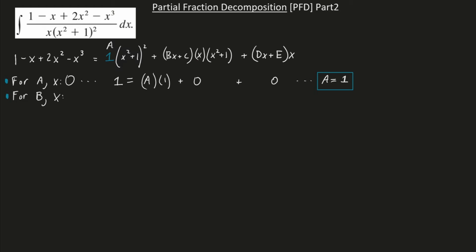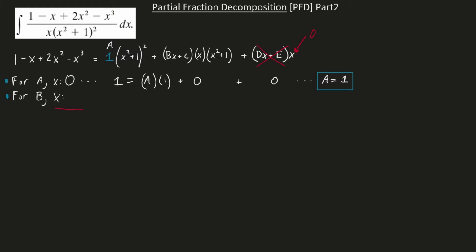So now here's where the problems arise. I want to plug in a value for x such that I can eliminate C, D, and E, but leave B okay, so I can solve for it. And notice that I don't really care about A anymore because A is just 1. It's a value, it's not unknown, I'm not even worrying about it anymore. But if you're really looking at this thing, there's really no way to do that. I might think about plugging in 0 for x here.